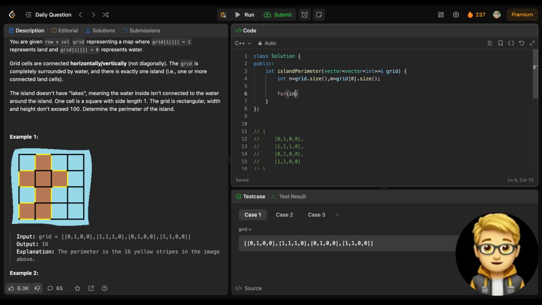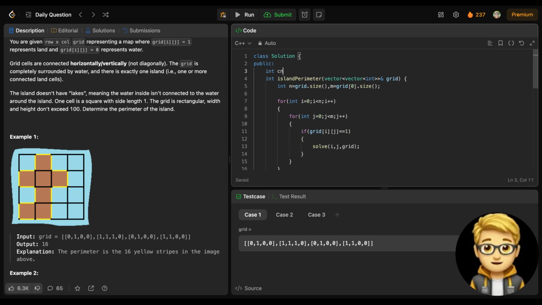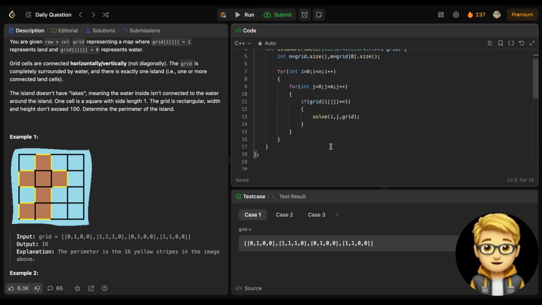Now I will find the starting point of the island. If this grid[i][j] is 1, this will be my starting point. So I will call this function and pass this i, j and grid. Now I will make the count a global variable so that I don't need to pass it. Otherwise I can also pass it, but I don't need to.